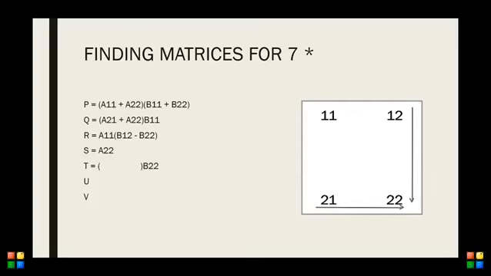Now S is still B, so I will consider the vertical line, but I'll take it now in the opposite direction: 21, 11. So I'll get b21 minus b11. Similarly, I need not take the remaining line in the opposite direction now, since it is addition.